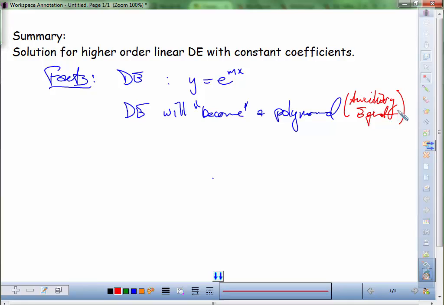And you will find roots for these polynomials, as many roots as the degree of the polynomial, which is the same as the order of the differential equation.